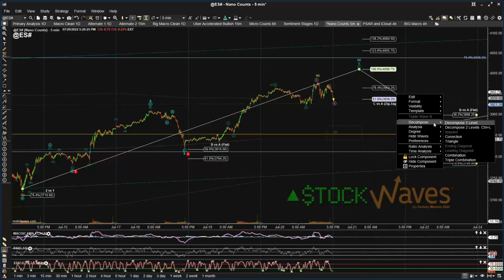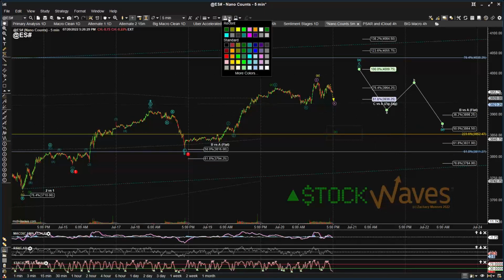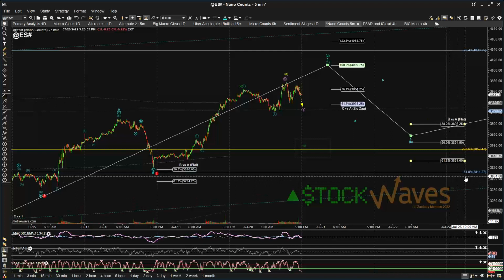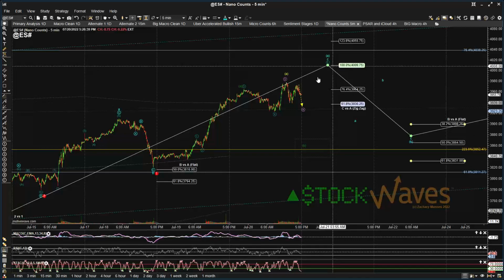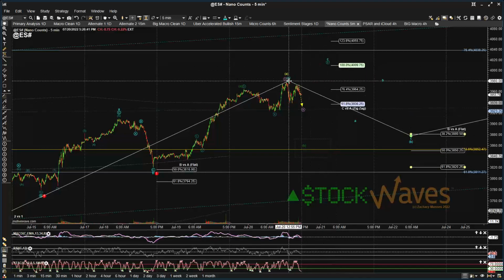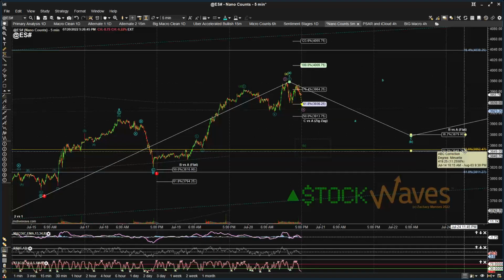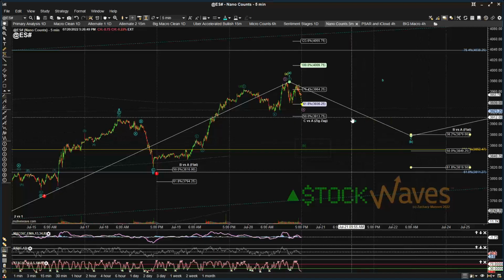And then we need to very clearly see an ABC correction that looks like this into our fib support of the 3890s down to like the 3825 level from that 4K region. If we did top today, then the fibs, 3880 down towards 3820, would be the normal fib zone.